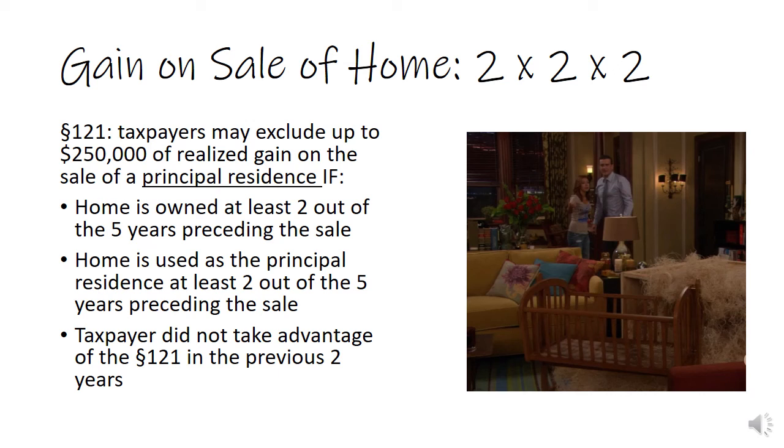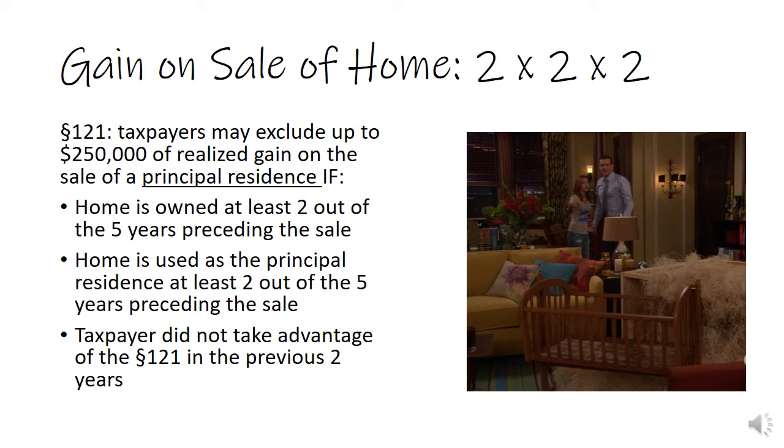The code provision, Section 121, allows taxpayers to exclude up to $250,000 worth of realized gain on the principal residence, which is the place where they spend the preponderance of their time, if the home is owned at least 2 out of the 5 years preceding the sale of the home, if the home is occupied by the taxpayer that is used as the principal residence at least 2 out of the 5 years preceding the sale, and if the taxpayer didn't take advantage of that special tax provision in the preceding 2 years.